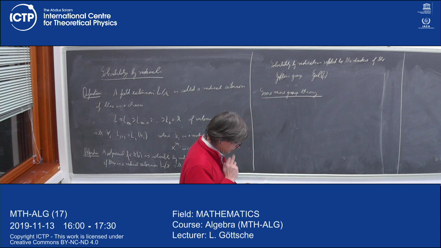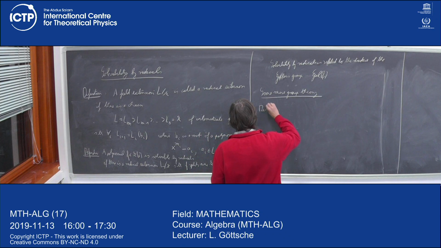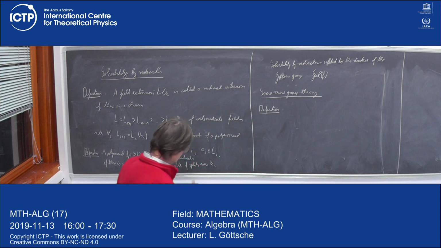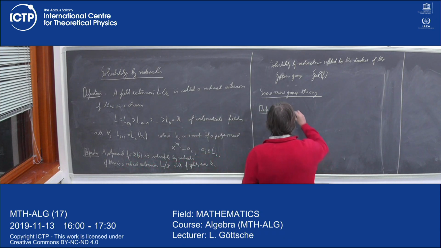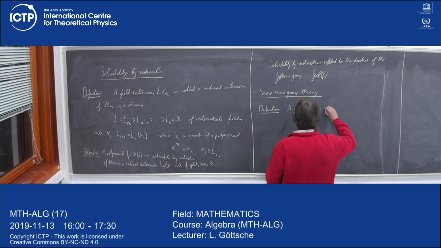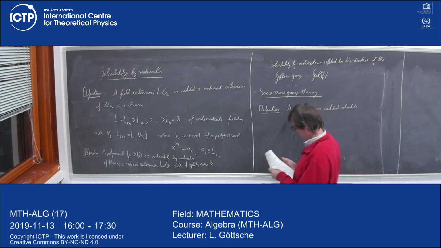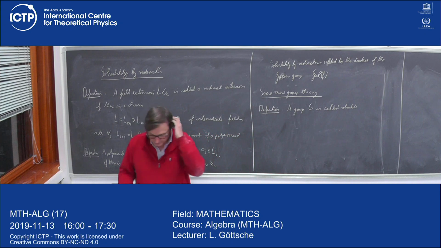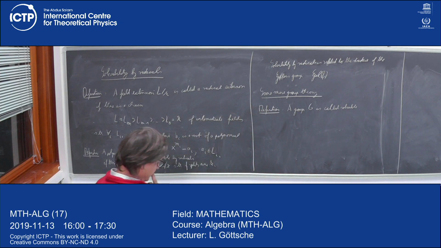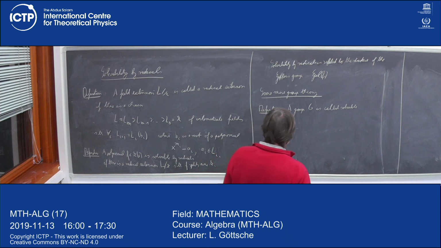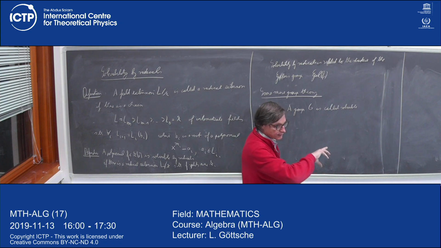So, I want to talk about solvable groups. The definition is quite simple. It also looks slightly similar. So, a group G is called solvable if we can find a chain of subgroups, actually normal ones, such that each is normal in the previous and the successive quotients are abelian.